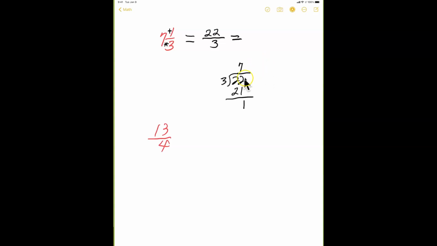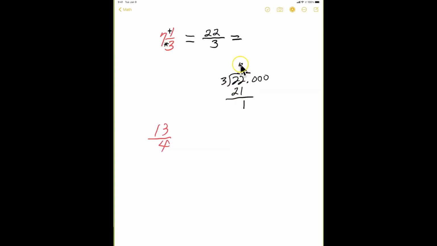Now, if you were converting this number to a decimal, you could add a decimal point here and zeros and keep going. But when we convert an improper fraction into a mixed number, we just go until we're done with the number we're looking at. And this remainder tells us how many odd pieces there are.